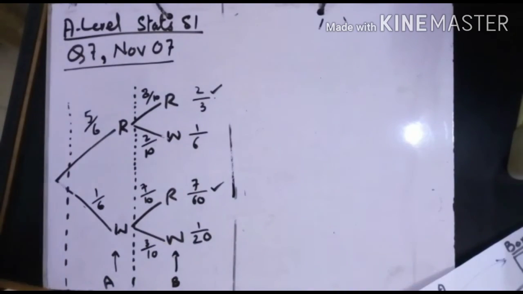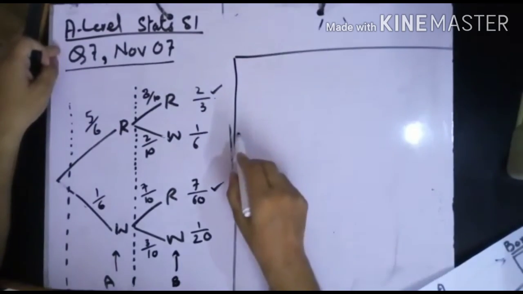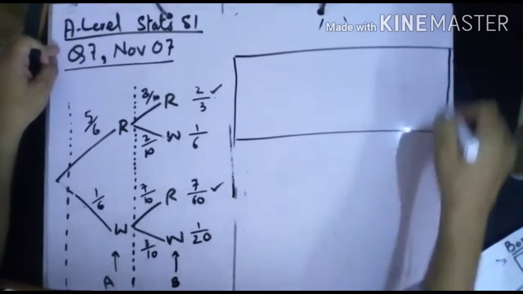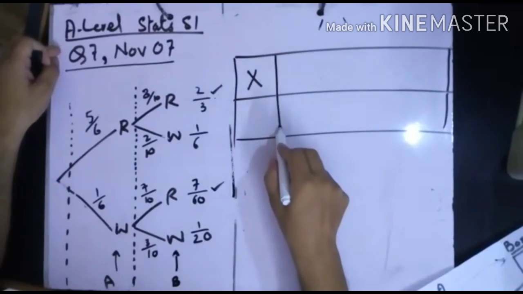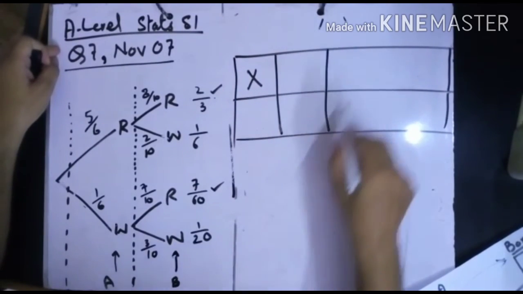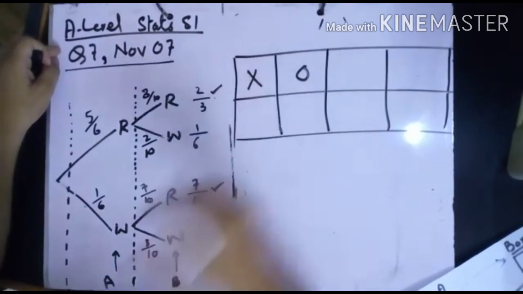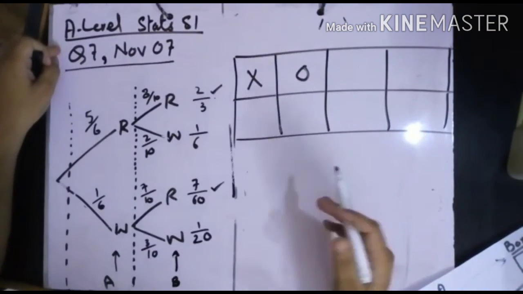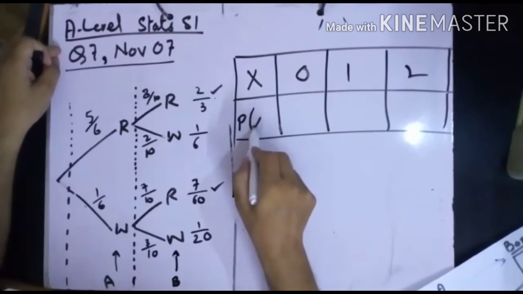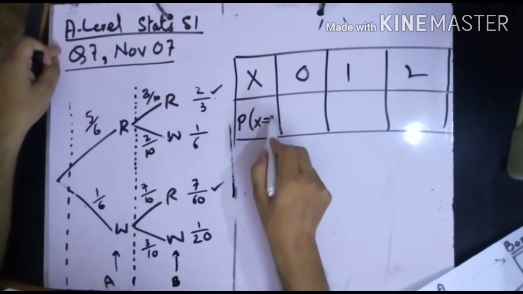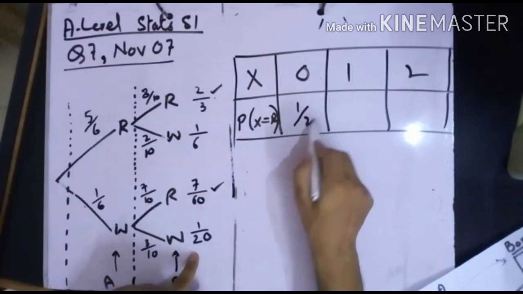So we can write the probability distribution table for X. X is the number of times of getting red: 0 times, 1 time, 2 times. The probability of getting red 0 times is directly 1 over 20.